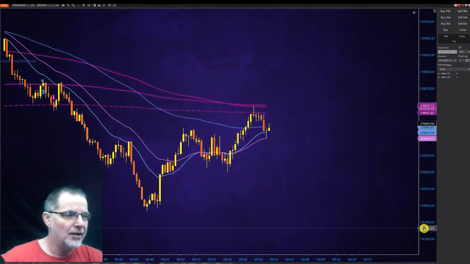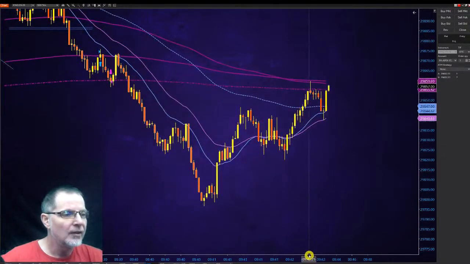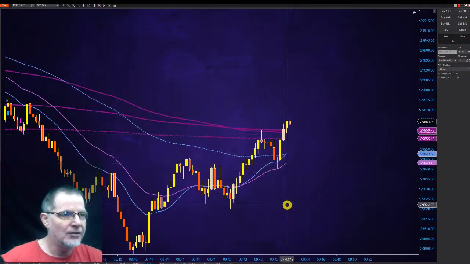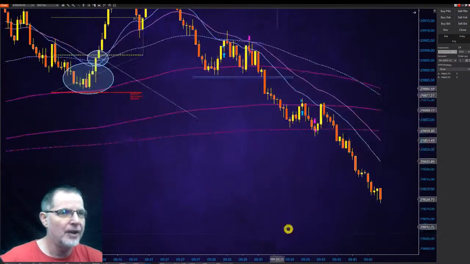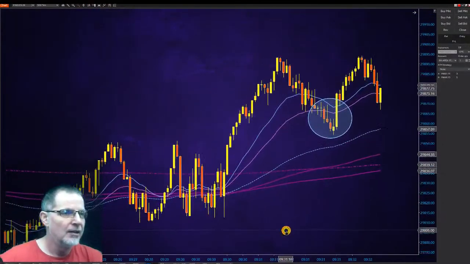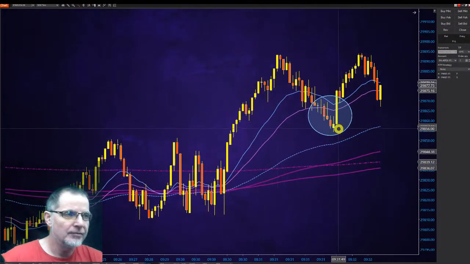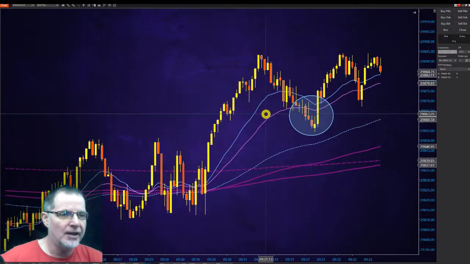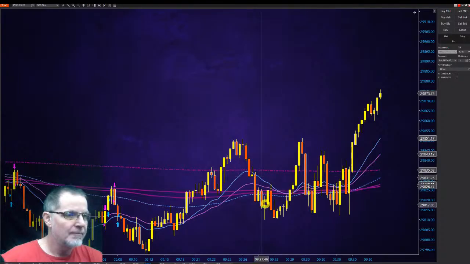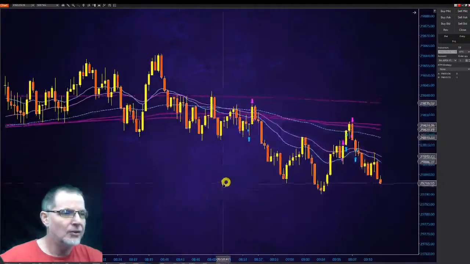That's the idea in this strategy. And right now there's too much flatness. It's not spread out real nice. You see, you get right over here, you get it nice and spread out. This is the setup. This is what it has to look like to take the trade. Not this sideways mess here. It has to look spread out.